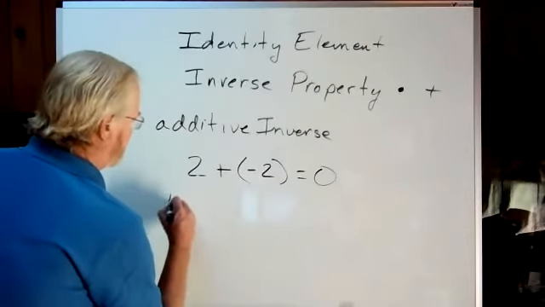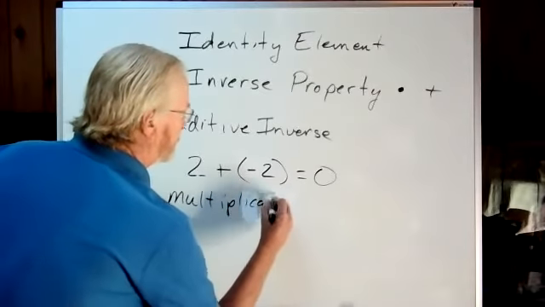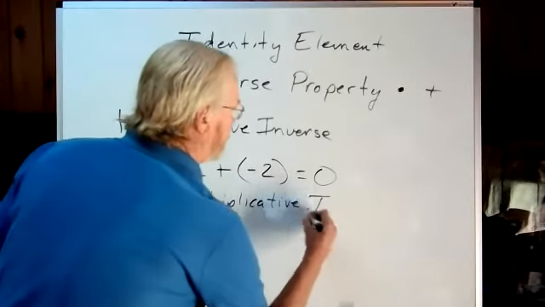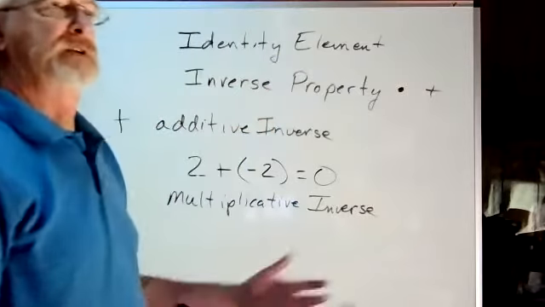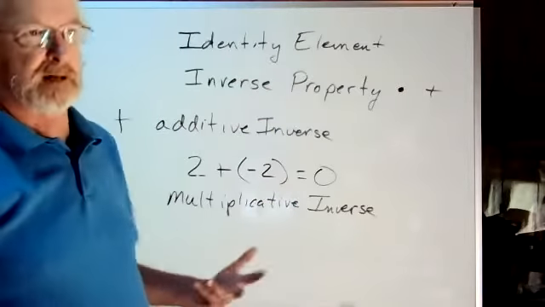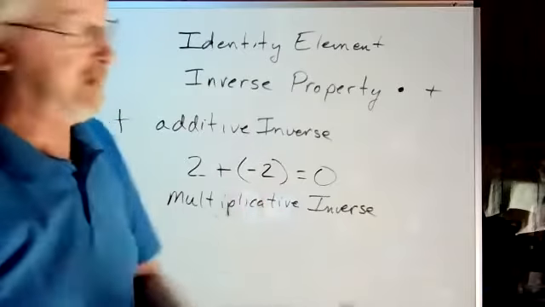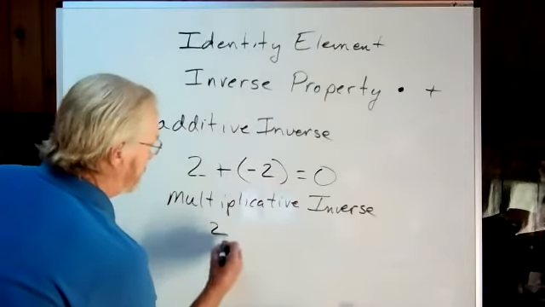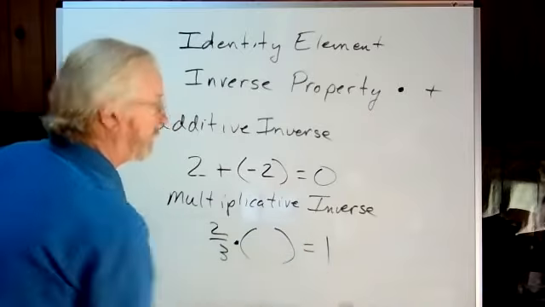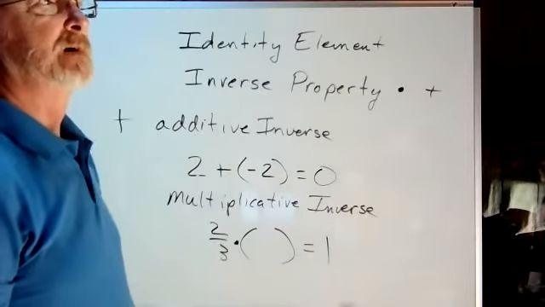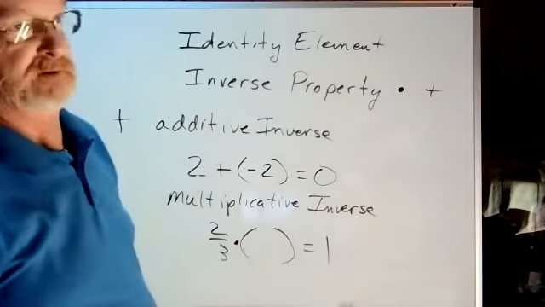Multiplicative inverse. These are two numbers you can always multiply together to get the multiplicative identity, 1. 2/3 times something equals 1. What do we multiply by to cancel it out and get to 1?